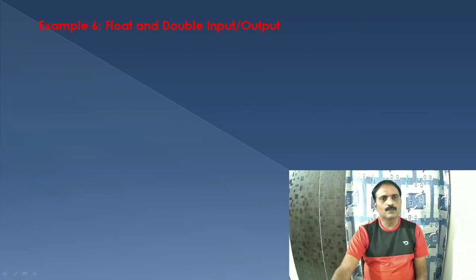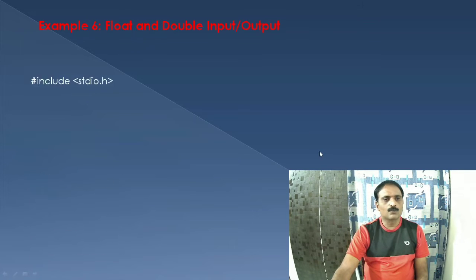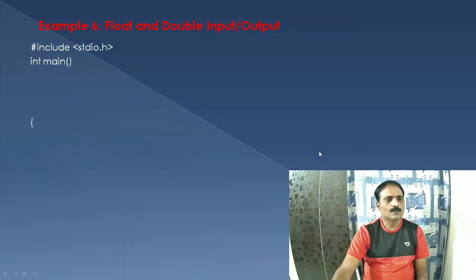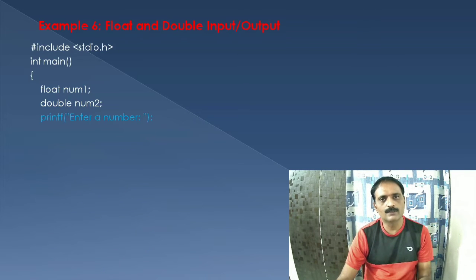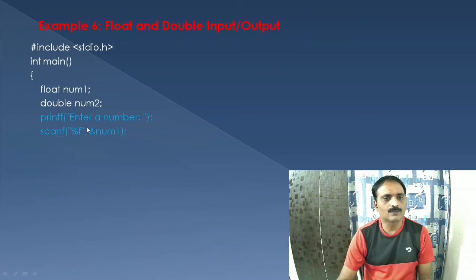Next, example 6, in which we are going to have float and double input and output statements. I am declaring num1 as float and num2 as double. So first we have to enter a number, and here scanf %f. %f is the format specifier for the real value, ampersand num1.